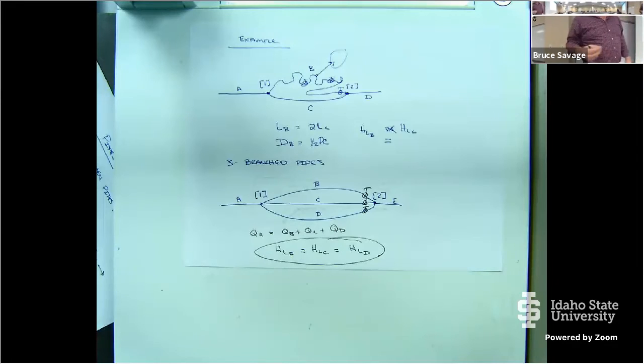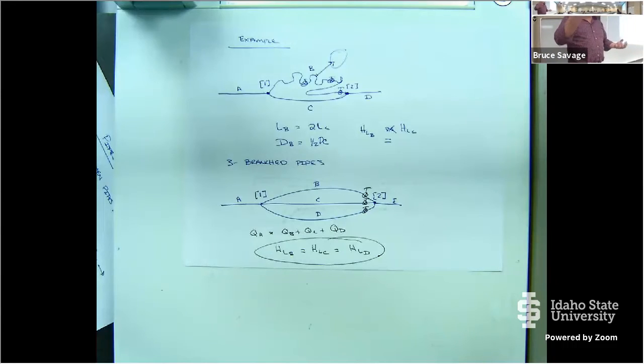We can take the principles that we already understand for single pipelines, calculate the head loss, calculate the flow rate, size the diameter, and apply them to this scenario, because even though we have more pipes, we also now have more equations. We have an energy equation across each one of the pipes, and we have a continuity equation at every node.